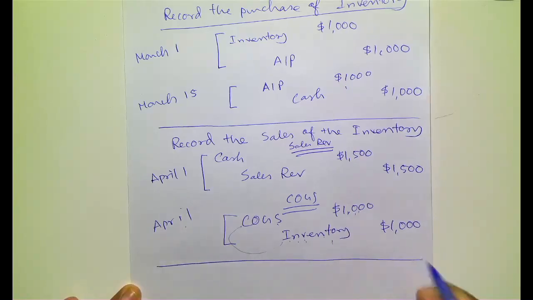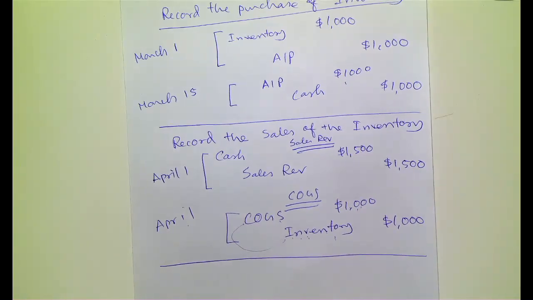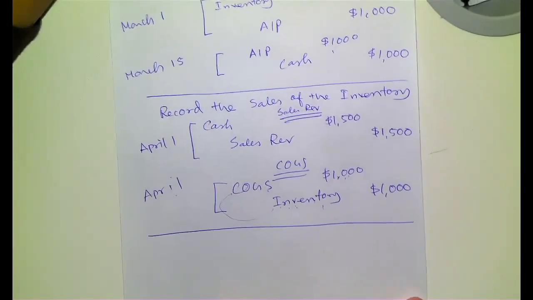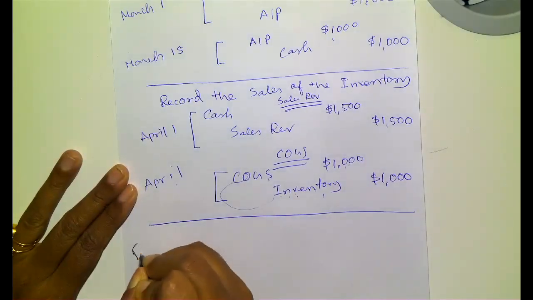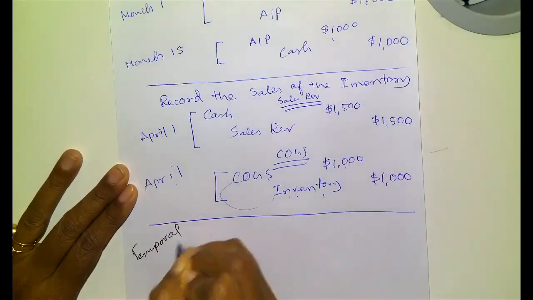I'll write some more notes. You know why I'm writing it? Because I know these are very tiny things. Still, you'll make mistakes, either conceptual questions or little numbers. So let's write the note for inventory, because these are all for the temporal method. Current is easier.